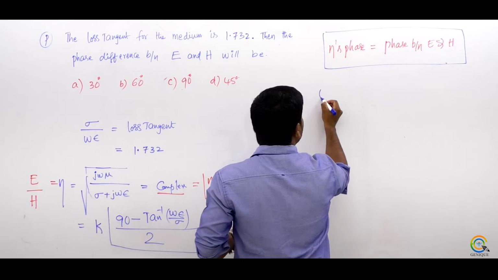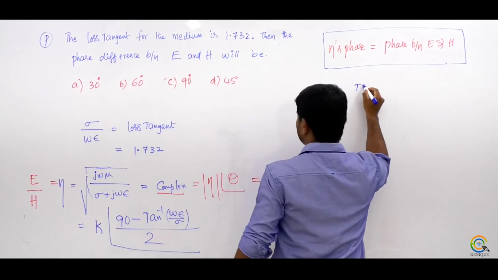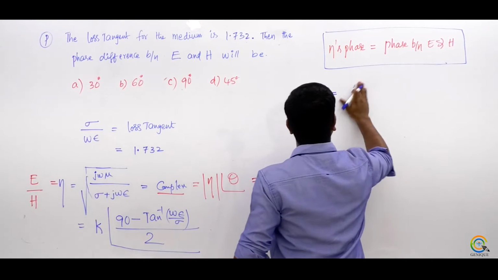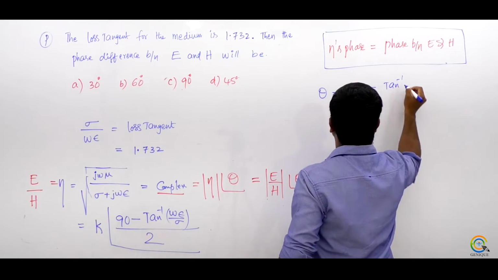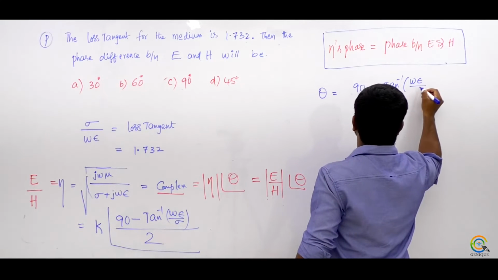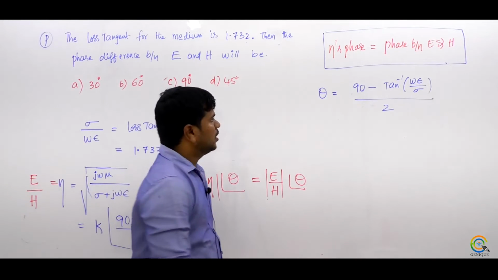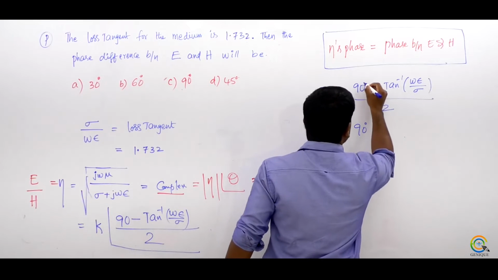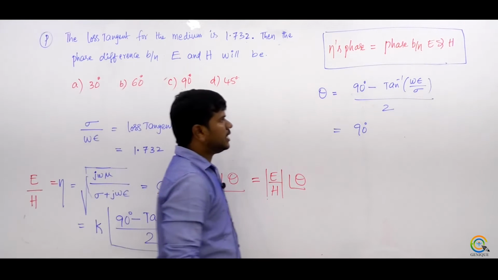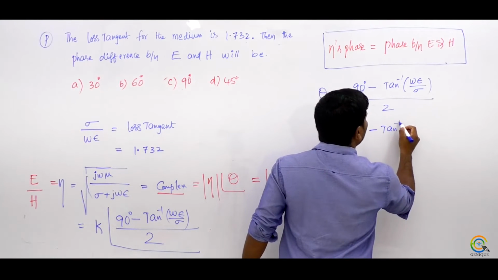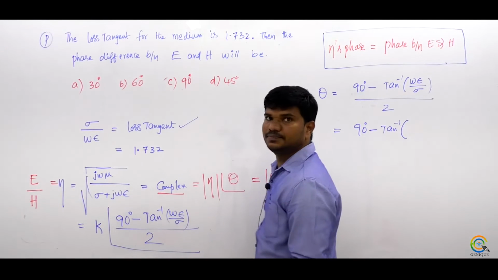The phase difference between E and H is theta, which is given as 90 degrees minus tan inverse of omega epsilon by sigma divided by 2. Sigma by omega epsilon is the loss tangent.